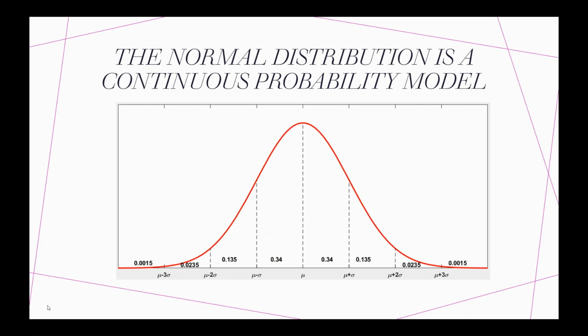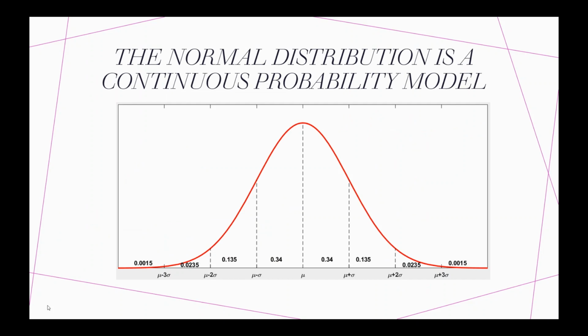So we have the normal distribution is a continuous probability model. I've kind of already hinted at this when we were working on the last example, but you can see I've taken our empirical rule, and instead of having the percentages in there, I have the proportions or the decimal form of those percentages. Okay. And so what this means is the area under the curve that is within one standard deviation of the mean has an area of 0.68.